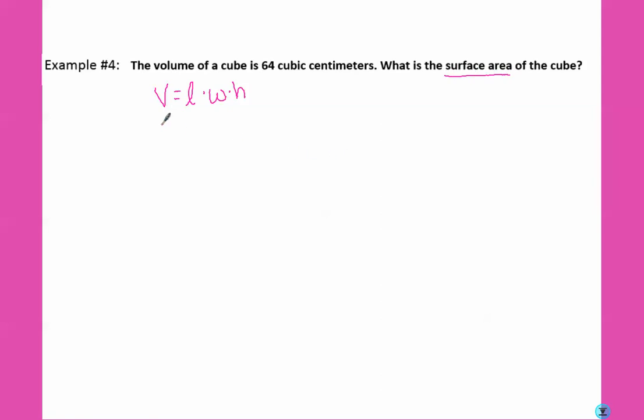So we'll come back to that. So the volume would equal the side times the side times the side. So it has to equal x cubed, which we know equals 64. We're going to cube root both sides. So we get that one side is 4.